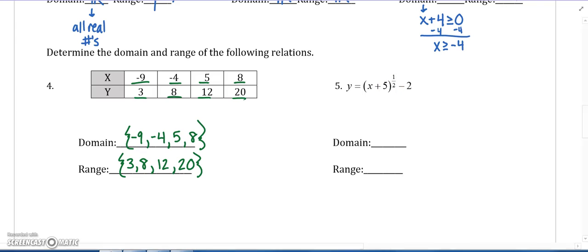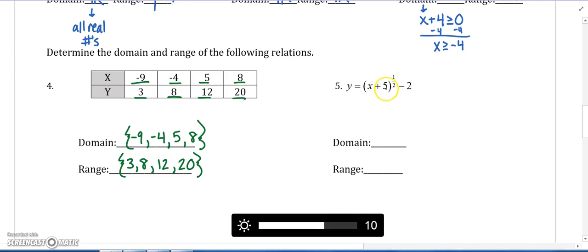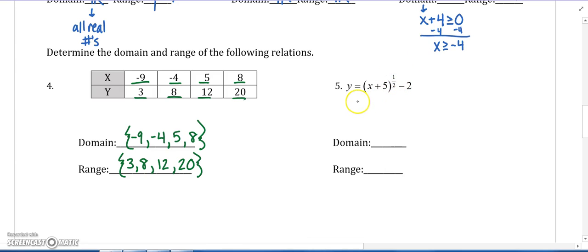All right, number 5. Number 5, we have an equation. y equals x plus 5 to the 1/2 minus 2. So once again, that's a square root. If you want, you could also rewrite it as the square root of x plus 5 minus 2, if that'll help. When it comes to the domain, once again, you can think of it as whatever's underneath an even root has to be positive.